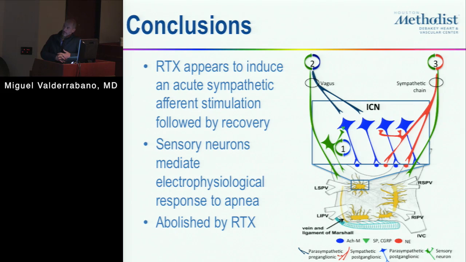And also that RTX abolishes the electrophysiological and now systemic hemodynamic response to apnea. So we can make this story that the sensory neurons get activated first when you get apnea, and they trigger a cascade of autonomic responses that culminate in the susceptibility for atrial fibrillation.